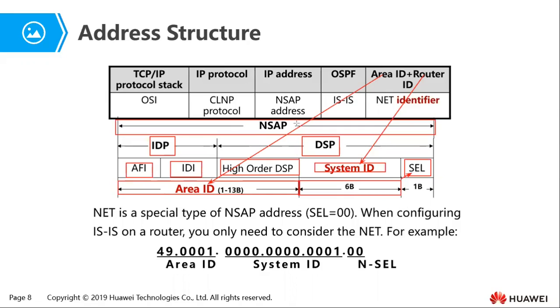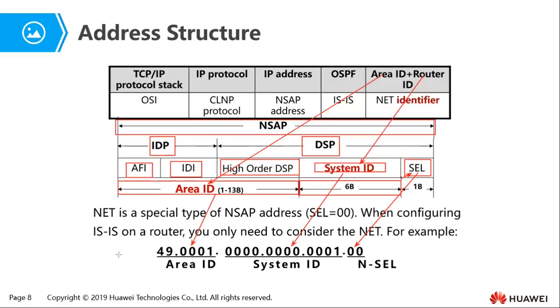It's always 00. And it is used to, I'm forgetting, please check. I'm giving you that as a reading assignment. So the SEL here is 00. So it's used to identify something like the type of service, something like that. And normally it's 00. Then the system ID is that one there. The area ID is this one here.